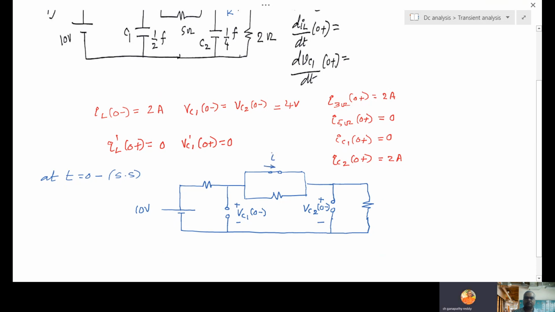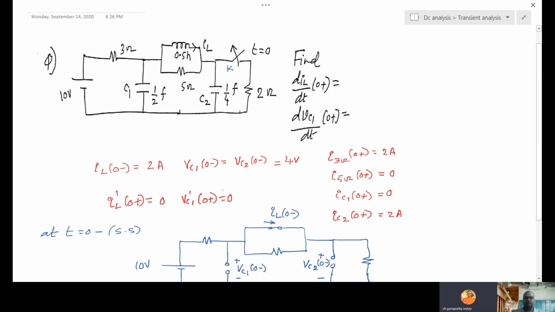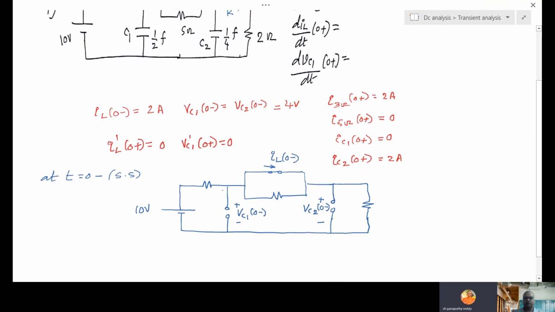This current is IL(0 minus). So this equivalent circuit is valid at 0 minus. What are these values? 3 ohms, 2 ohms, 3, 5, 2.